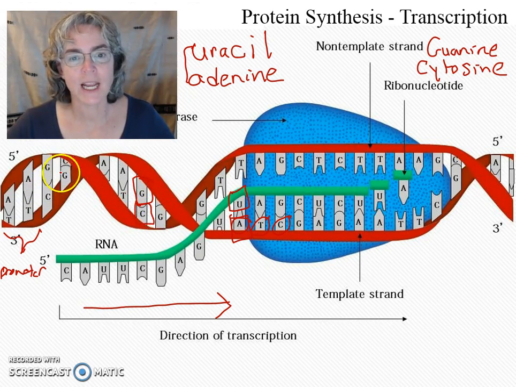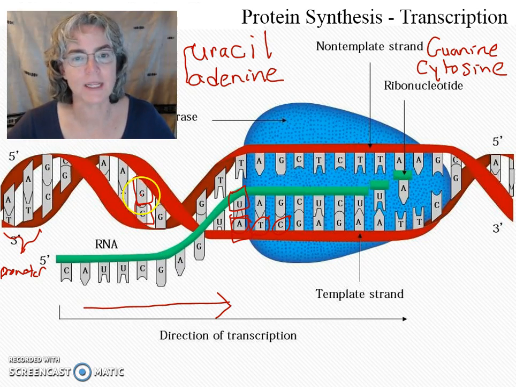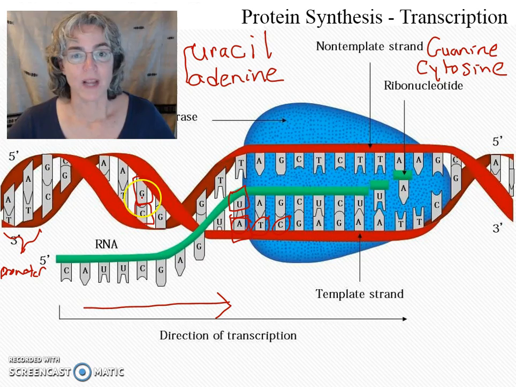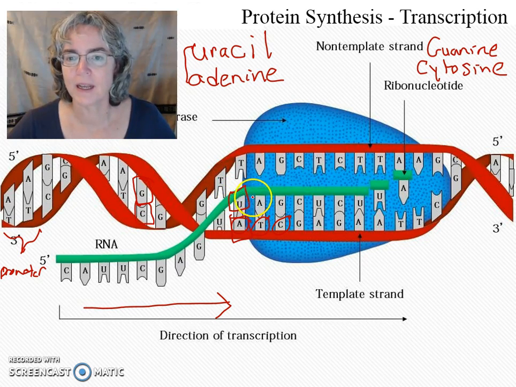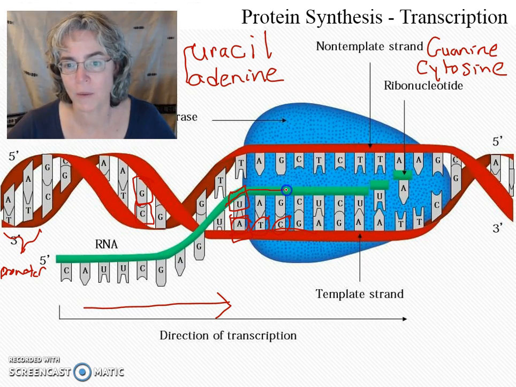Our DNA molecule, our double helix, is a very stable molecule, which means that it doesn't react very easily with any other molecules. But the RNA, this temporary molecule right here, is not very stable at all.